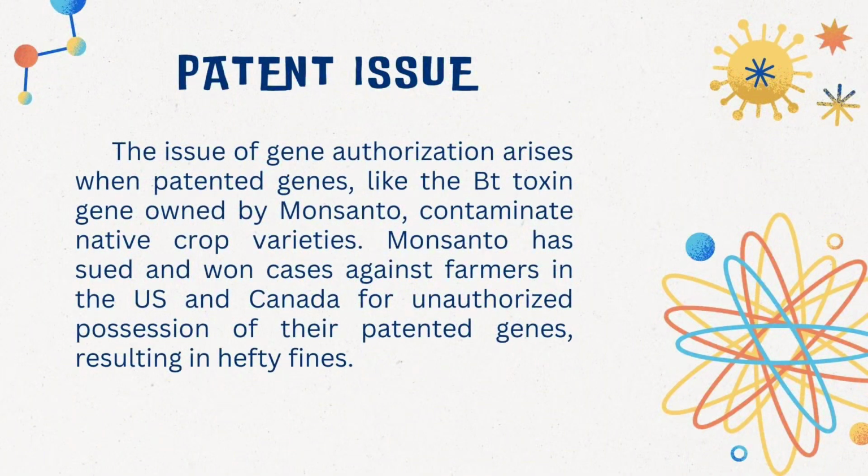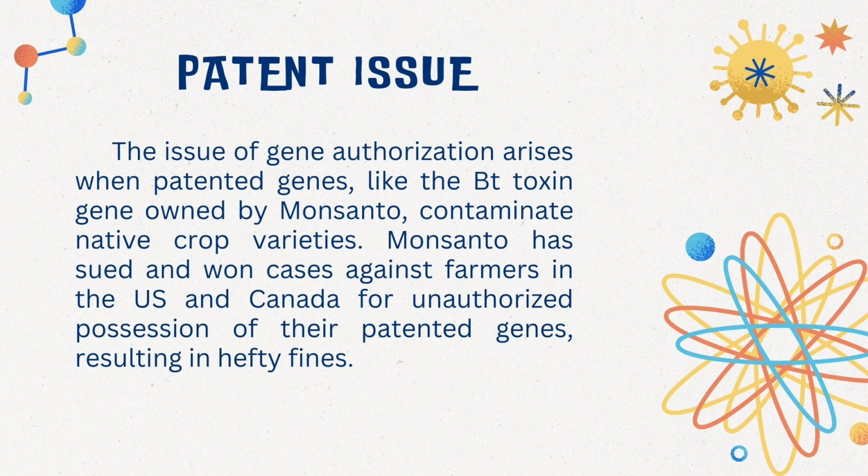Patent issue. The issue of authorization is also present, particularly regarding who is authorized to use modified or altered genes. For example, the Bt toxin gene is protected by the patent of the agrochemical company Monsanto.